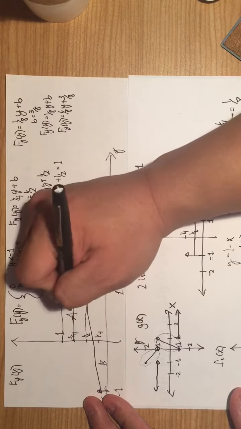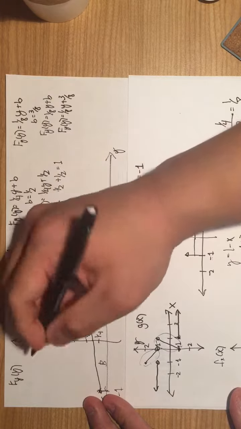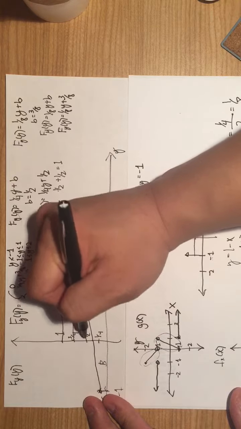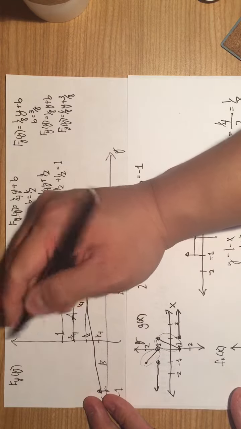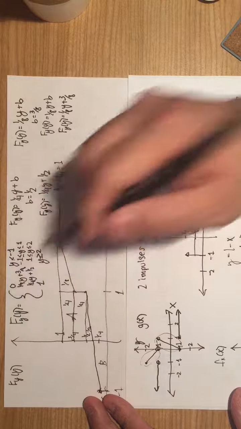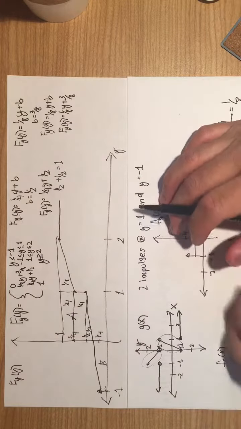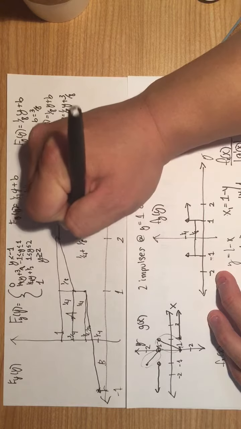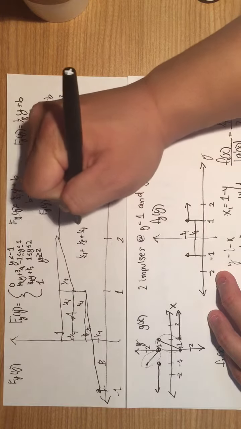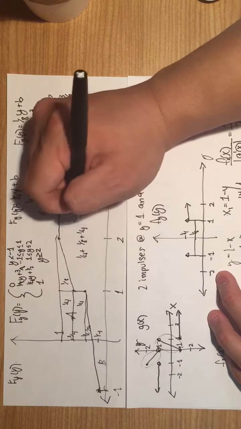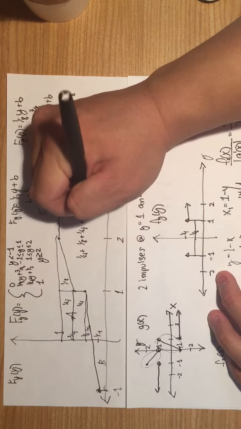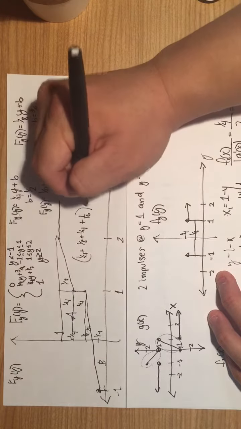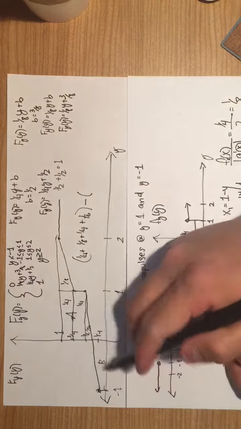This is 1/4 times 1, just 1/4. And this is 1/8 times 1 divided by 2, which is 1/16. That equals 1/4 plus 1/8 plus 1/4 plus 1/16.